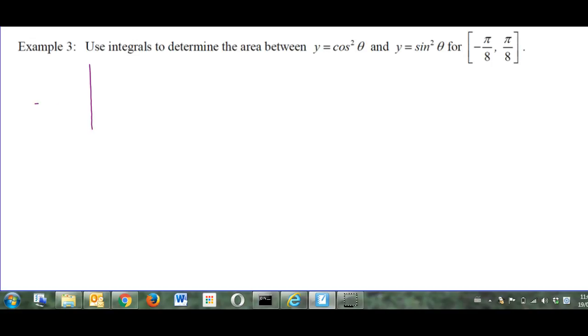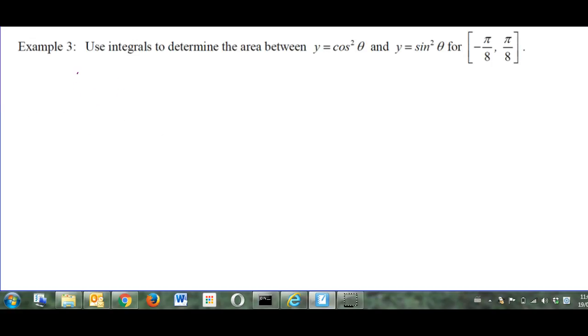So cos theta looks like, let's just do this. That's negative pi over 2, and that's pi over 2. So the interval of the integral that we're interested in is simply this. Actually, wait, that cosine doesn't look like that.